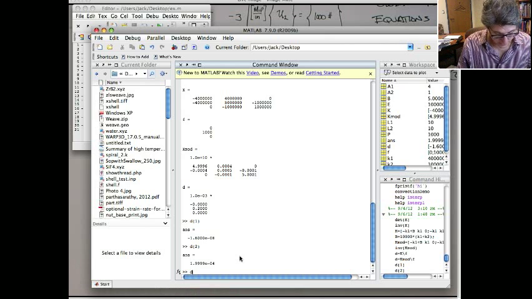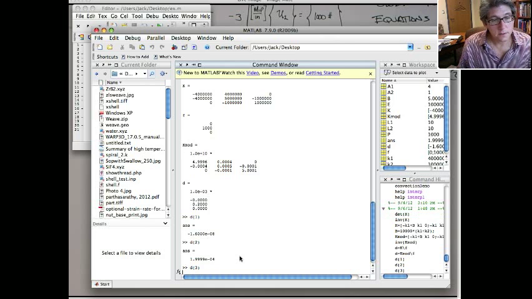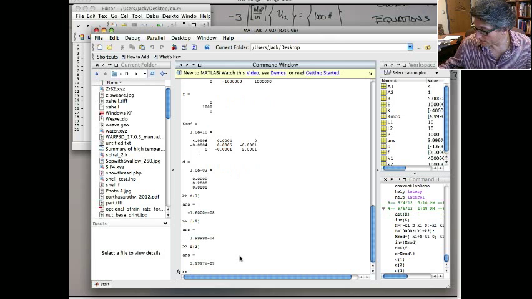And then U3 is now 3.9, or really 4.0 times 10 to the minus ninth. And so these are basically 0, okay? And if I had made that big number bigger, you'd actually see that those would become closer to 0.